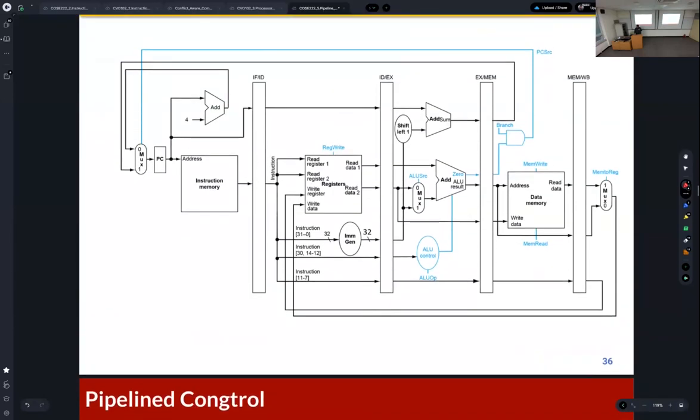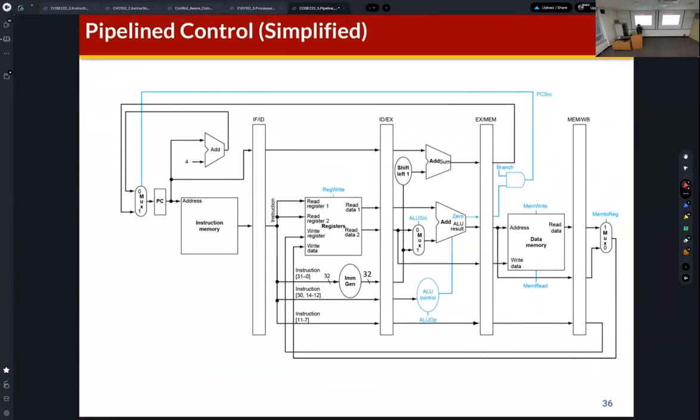Like the single cycle processor, the data path elements of the pipeline processor also have control ports. It's actually the same control ports. You can find some control ports here: RegWrite, ALUSrc, MemRead, and some ALUOp here. Then how can we connect the control signals, and how can we design the control unit in the pipeline processor?